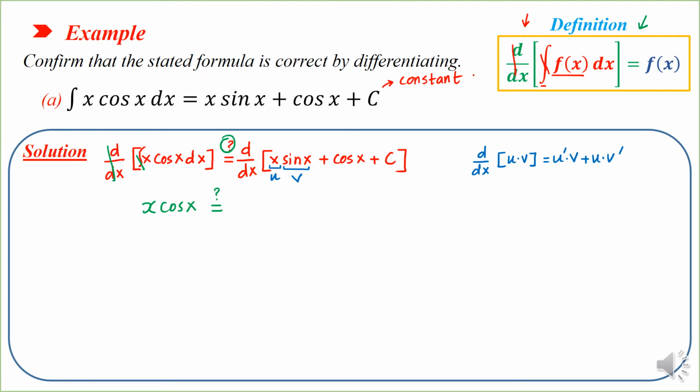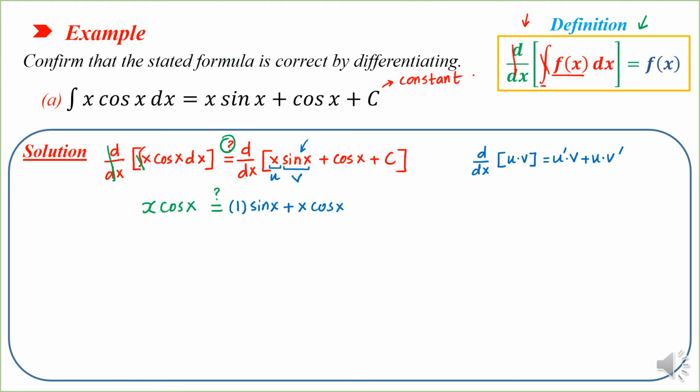So u prime is the derivative of x, which is 1, multiplied by v, which is sine x, plus u, which is x, multiplied by the derivative of v, which is the derivative of sine x, which gives us cosine x. So this is the derivative of the first term.